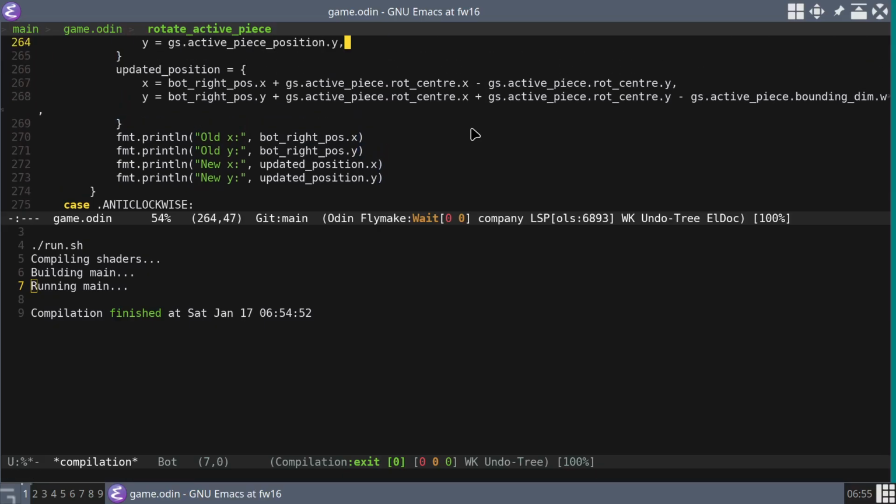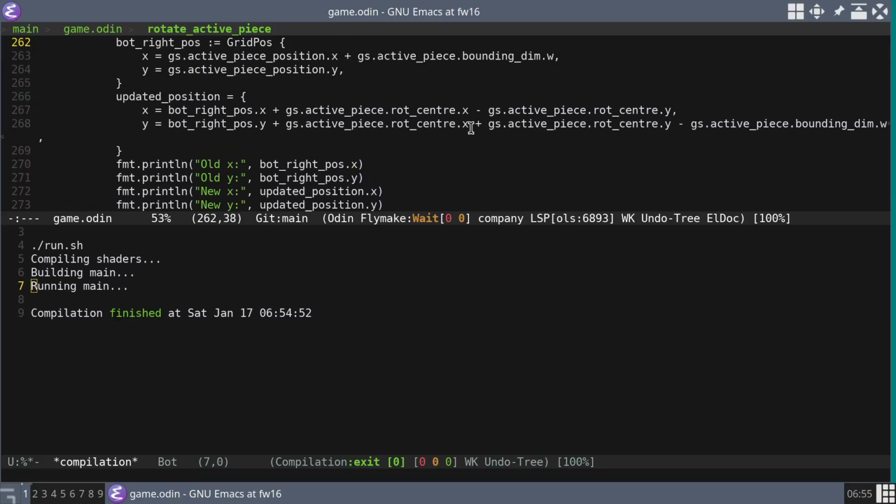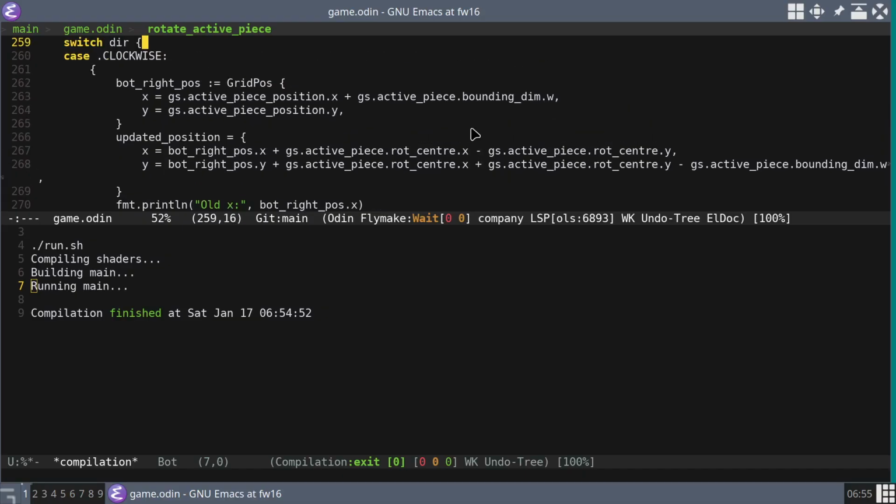Although, I think I've got my rot center wrong, haven't I? Because the XR is relative to the bottom left, which is not actually the point that I'm rotating. Yeah, I think I messed this up, haven't I?